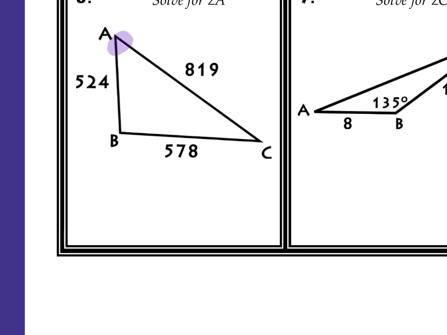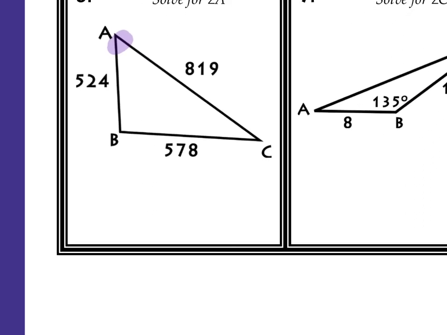Okay, let's see. We're looking for angle A. So I'm going to put this up here so I can see it.